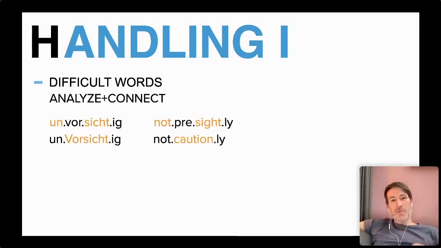So not caution, or without caution. And ig is just showing you it's an adjective. So someone does something without caution. And what I found is incautious. Maybe there's a better word for that, because I've never heard incautious before today. So this is how you can actually make sense of things.